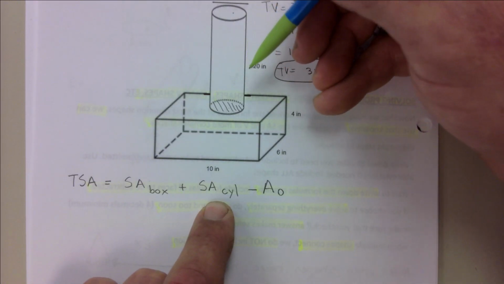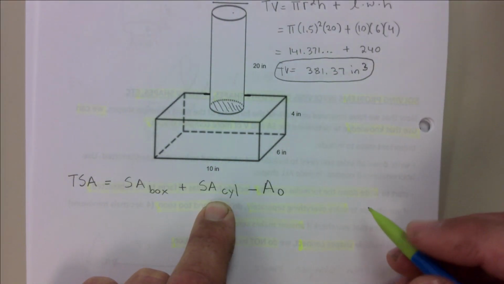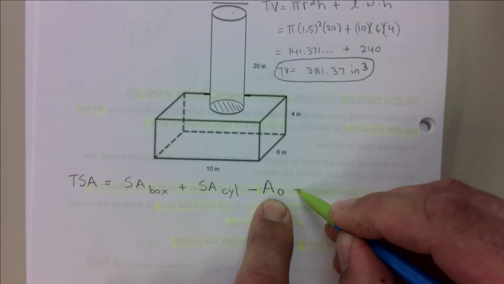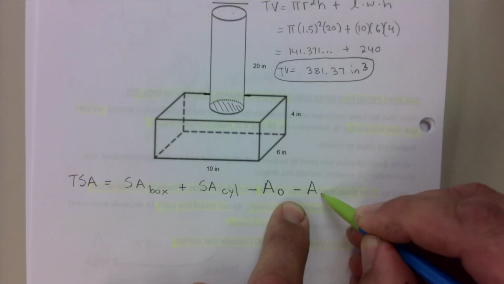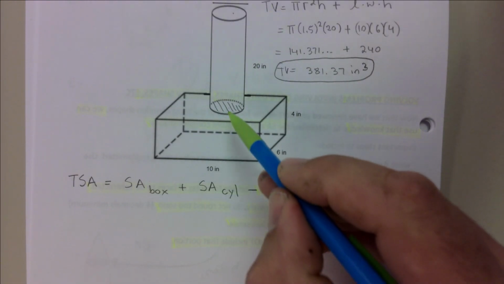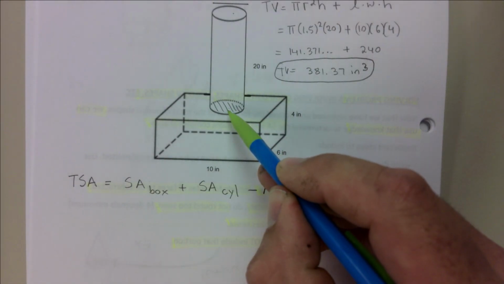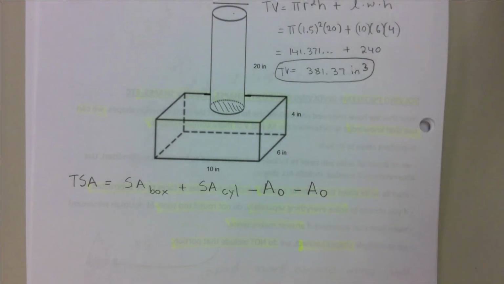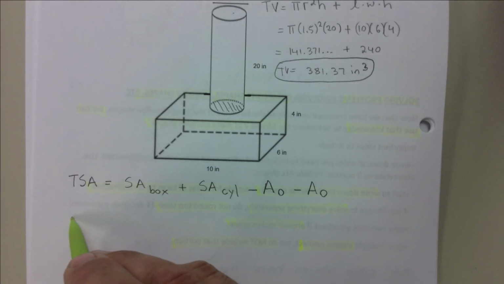Okay? So I'm going to go minus area of a circle again. If you do that, you will in fact make sure you don't account for this twice. Okay? We're good? Okay, so let's do this.